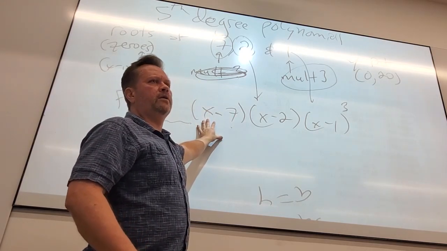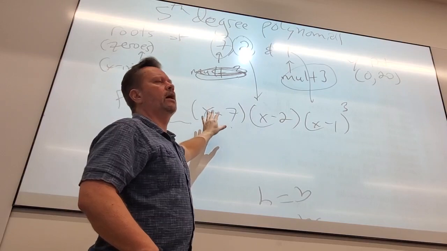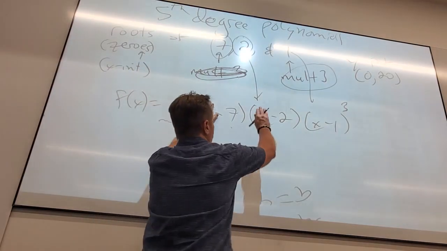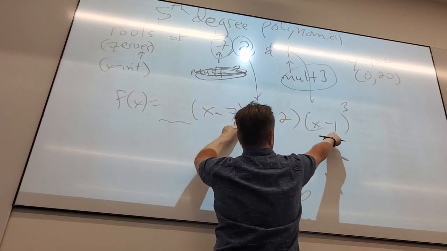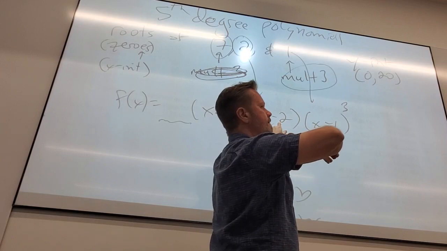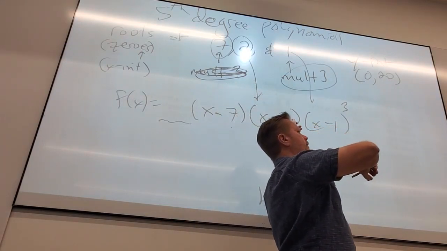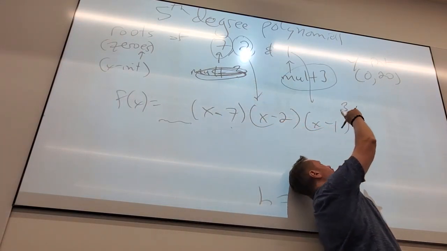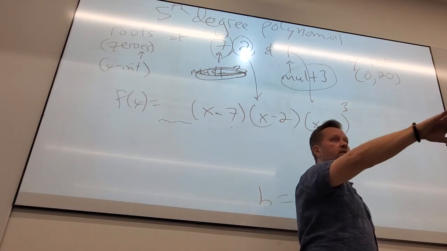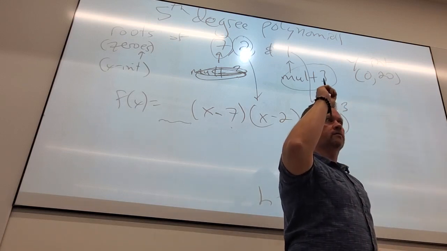How do I always figure out the y-intercept? Set x to 0. So that would effectively just mean multiply the numbers. Negative 7 times negative 2 is 14, times negative 1. Negative 14. Good.